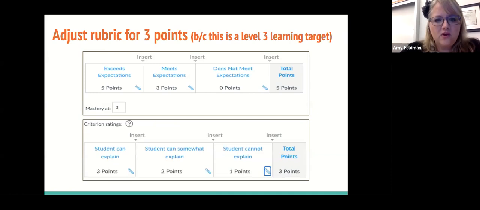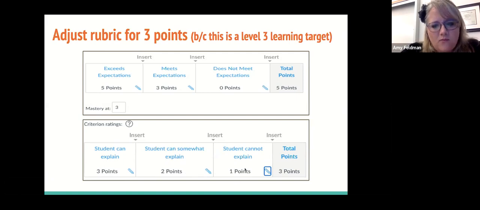This is adjusting the rubric for a 3-point learning target. So for instance, this top box is what Canvas gives you without changing anything. This is what you change it to for level 3, okay? So students can explain is 3 points. Students can somewhat explain is 2 points.